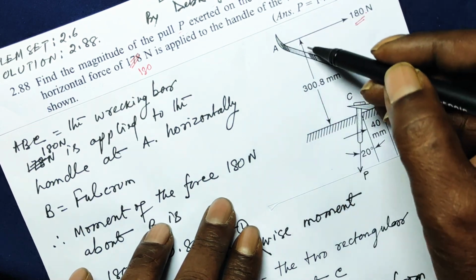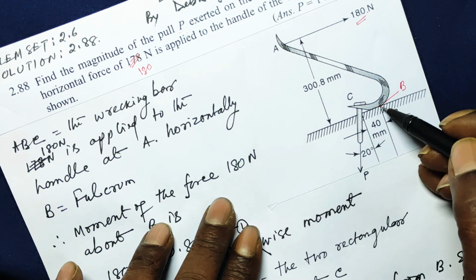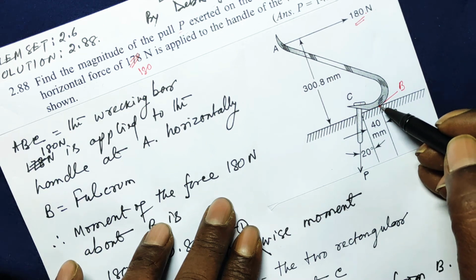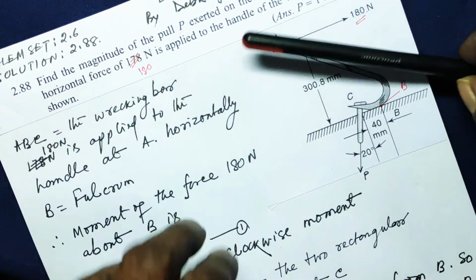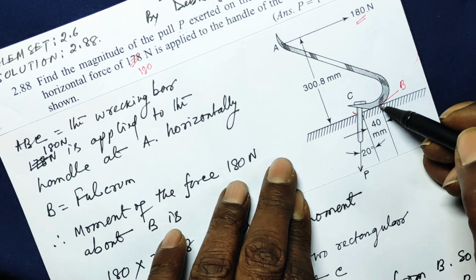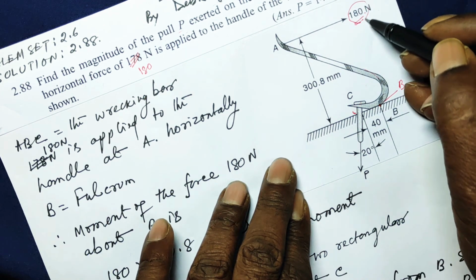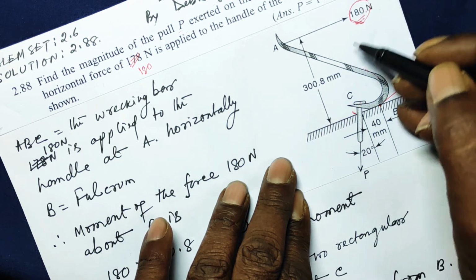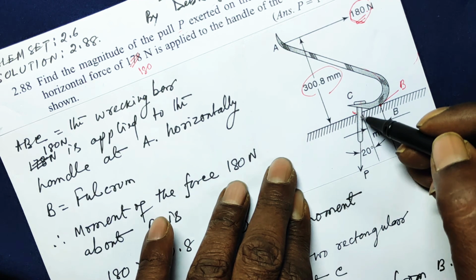So this 180 into this perpendicular distance will have a turning effect about the point B in the clockwise direction. So when the raking bar turns about the point B due to the turning effect of this force, which is equal to 180 Newton times this, the nail will be pulled up.